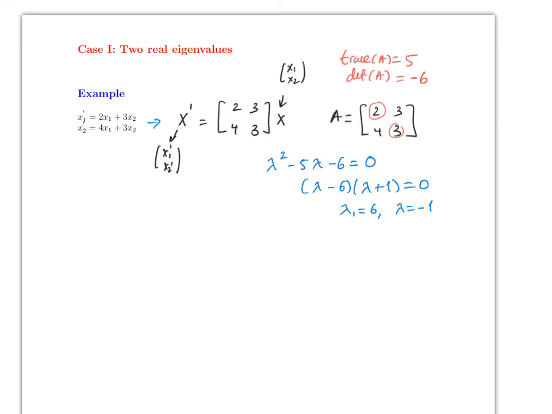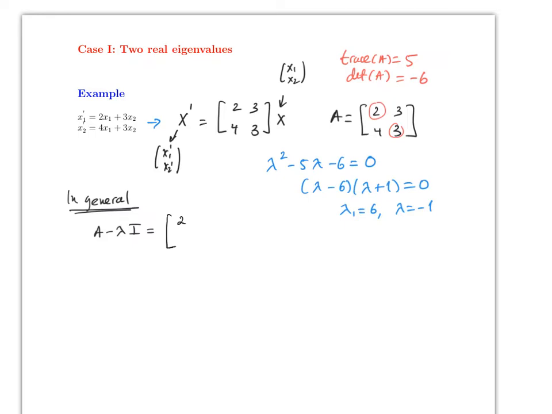Remember that in general, to find the eigenvalues, you do A minus lambda I, and you still need to write this because you're going to need it to find the eigenvectors. If you only need the eigenvalues, you can stop here and you're done. But for this, you're going to need the eigenvectors too.